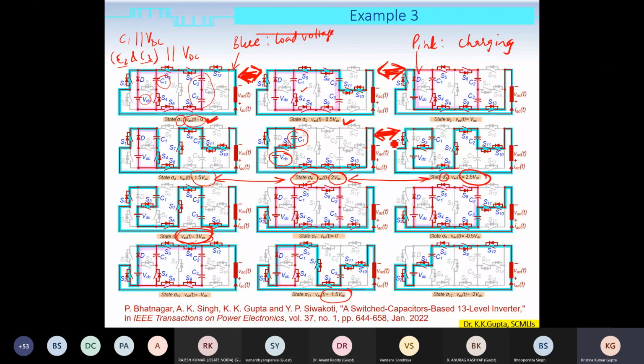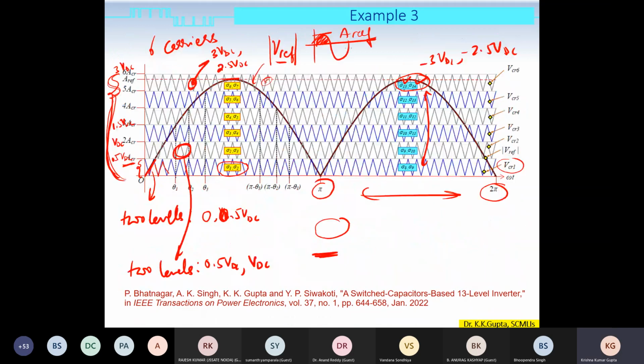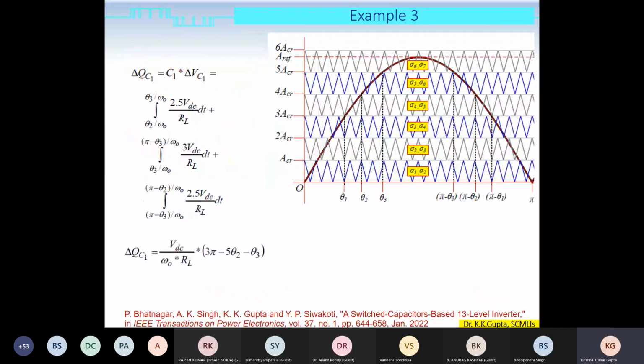Sigma 6 also they are not getting charged. When they operate between sigma 6 and sigma 7, again they do not get charged, right? So here we should remember that for sigma 5, sigma 6 and sigma 7, the capacitors are not getting charged.